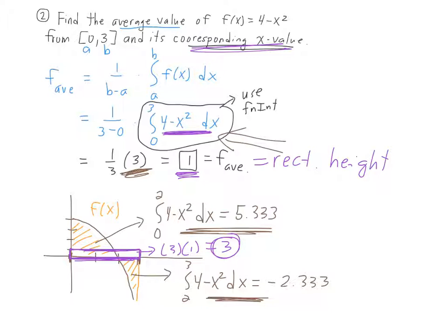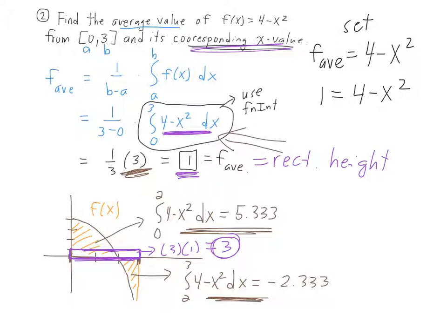But now its corresponding x value. To find that, we're going to take the average value and set it equal to the function. So we're going to set that equal to 4 minus x squared. So we're setting the average value equal to f of x. The average value is 1, and the function is 4 minus x squared. See what we're trying to find here on our graph?